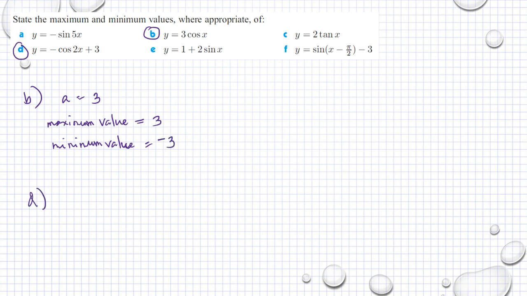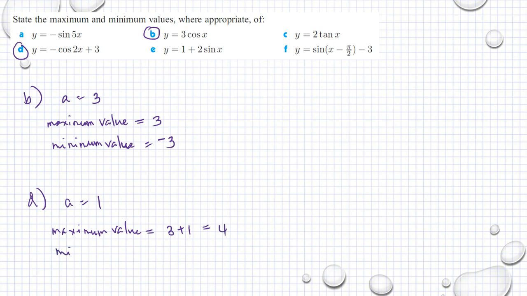And for d now, our a is 1, but we start with 3, so our maximum value is equal to 3 plus 1, because that's maximum. We have 4.